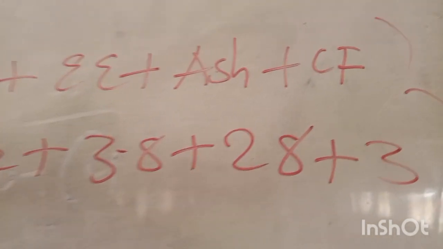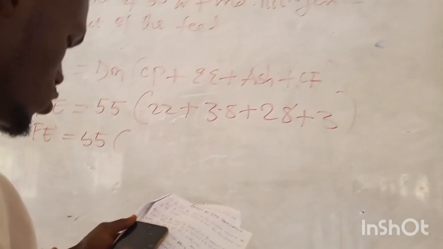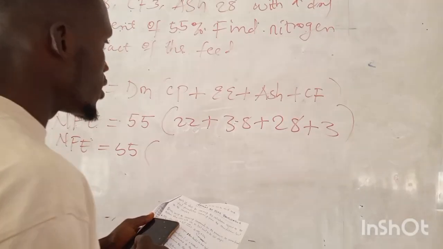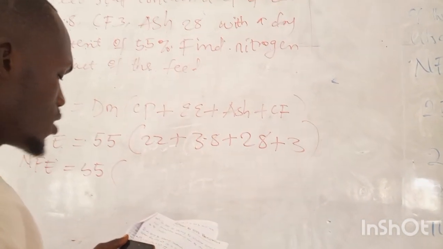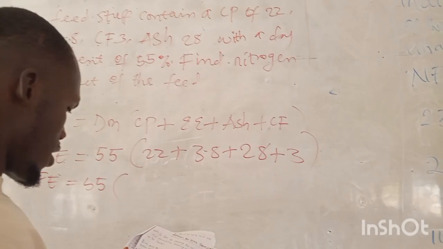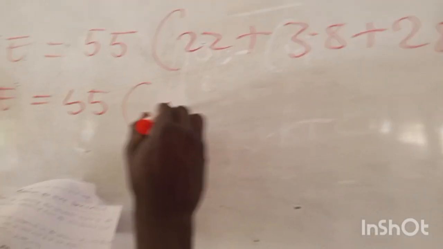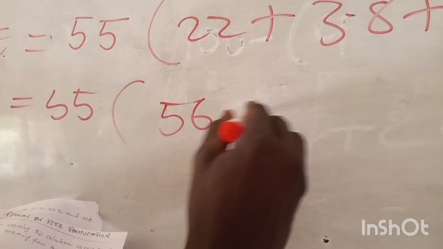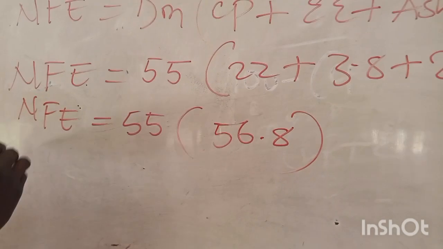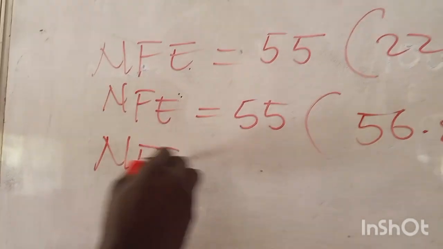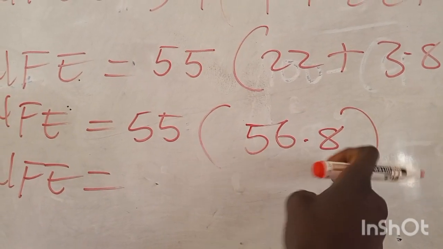All right, we have 22 plus 3.8 plus 28 plus 3. We are having a total of 56.8. Now, we see that NFE is equal to 55 times 56.8.